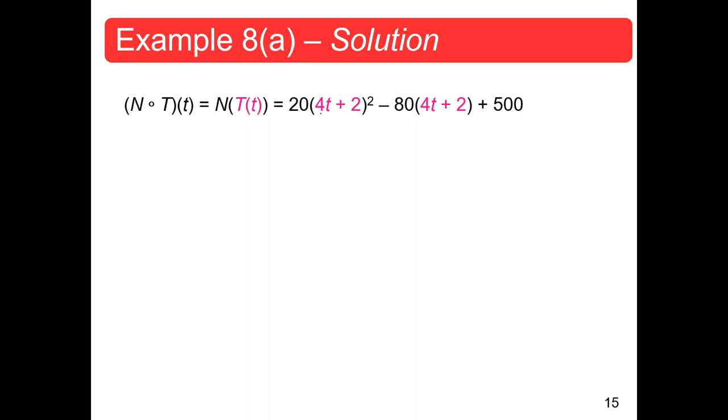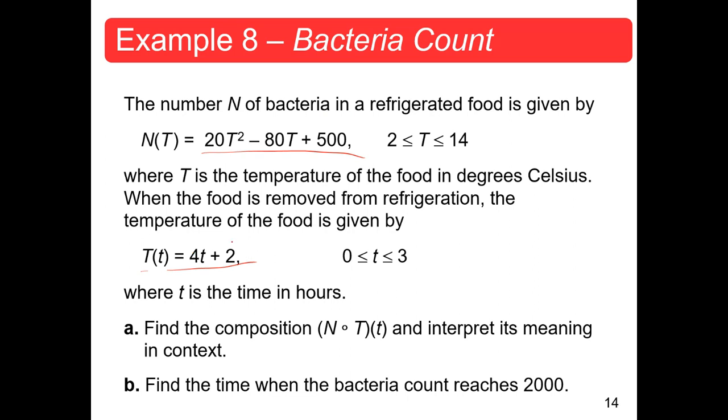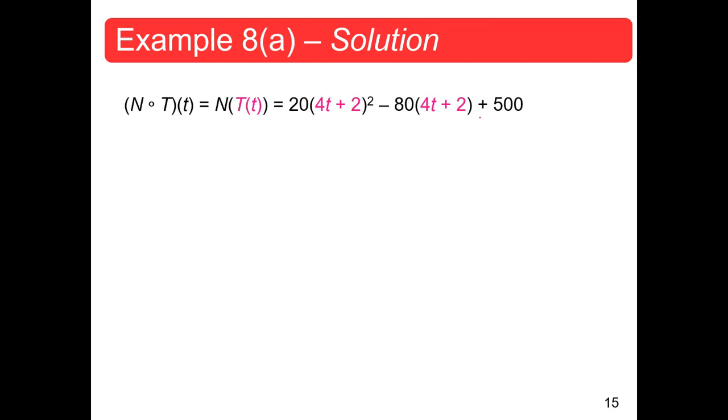So when I'm composing this, I'm literally putting this equation in for T here and here. And that is what they did here. And then you need to simplify that out. So this has to be squared. So that becomes that. And they distributed the 80.